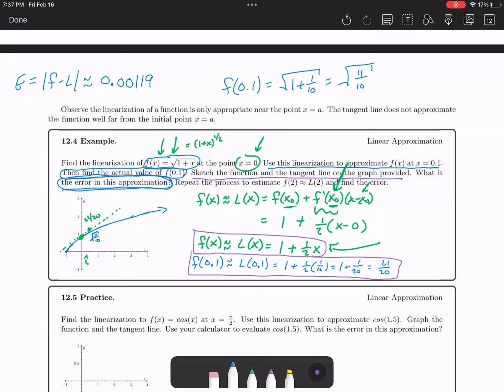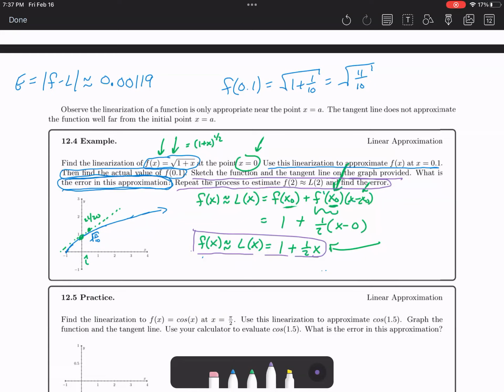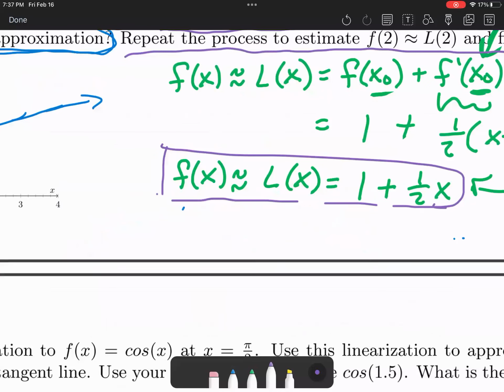All right, last step. Let's repeat the process to estimate f of 2 and find the error. So here I'm going to go a little bit quicker. I want to leave my tangent line alone. And I want to approximate the function value at 2, which is approximately the linear function, the straight line at 2, which is 1 plus 1/2 times 2, or 2.